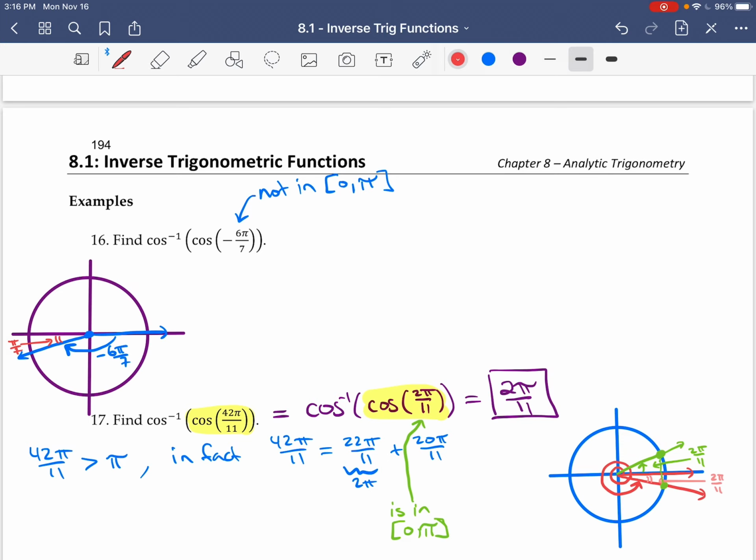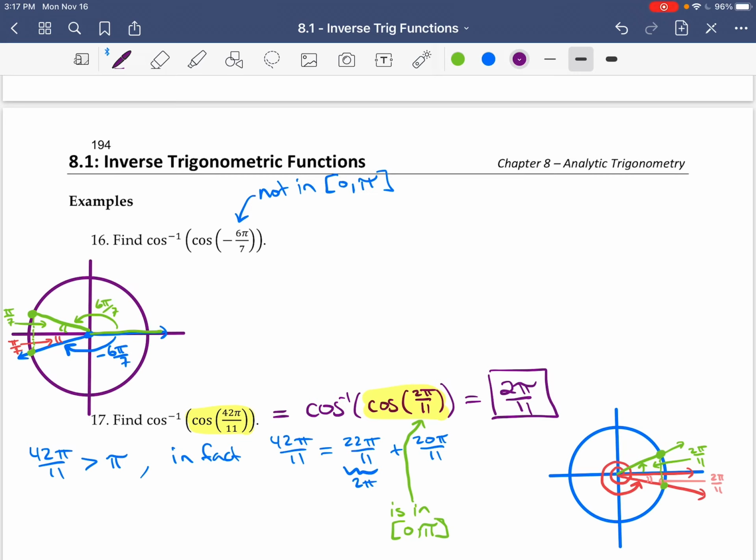So if I want the same x value, I'd want to move vertically here, and I'm going to be here. And that is going to have the same reference angle, so this is again pi over 7. So the angle that goes this way, in the forward direction, is going to be 6 pi over 7.